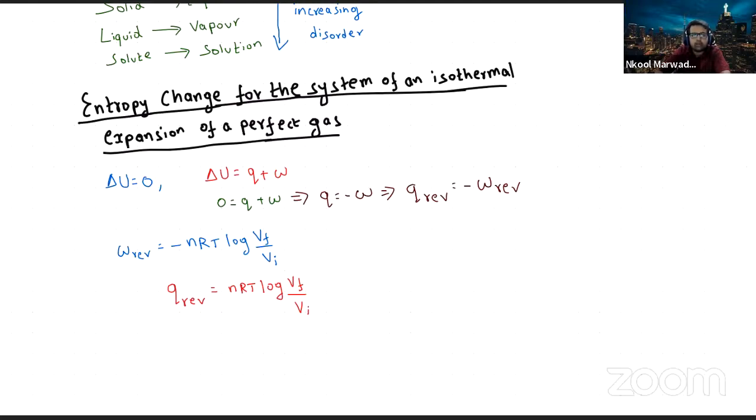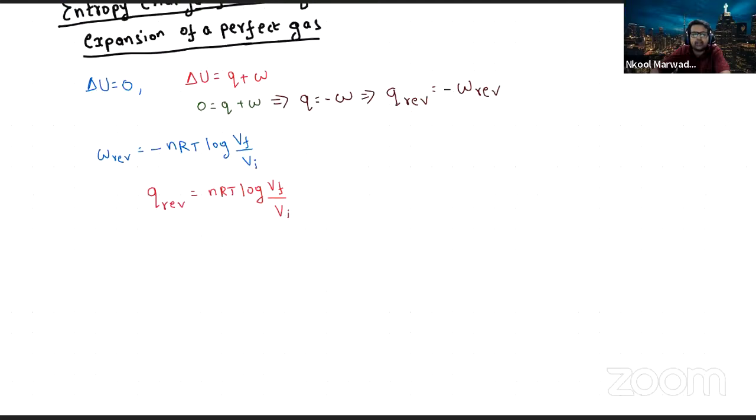Now we already know one more formula, the change in entropy, which we just now discussed in terms of heat and temperature.